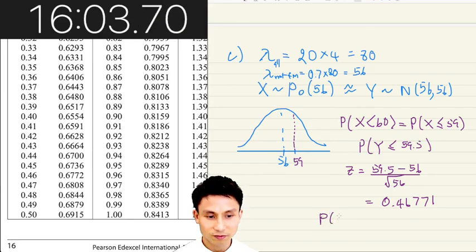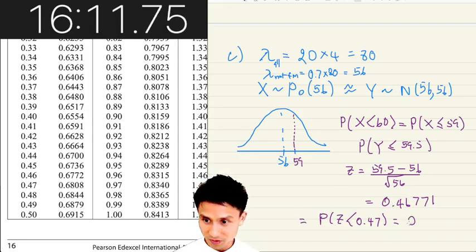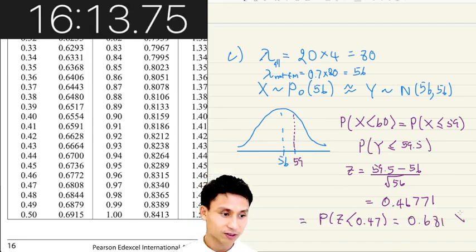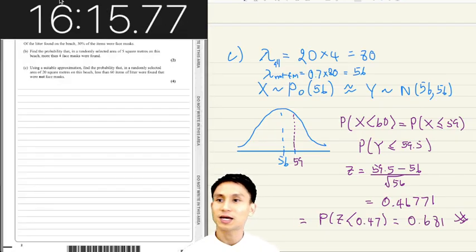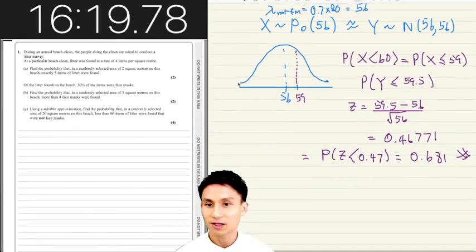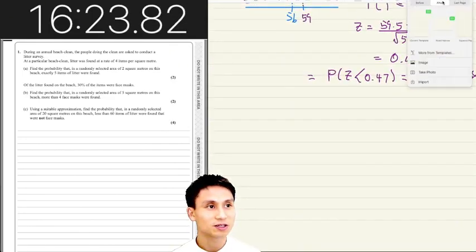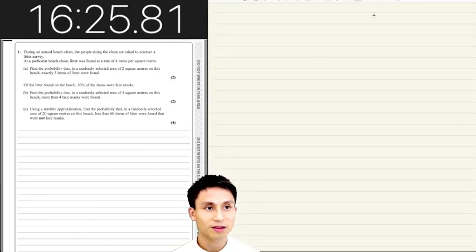So P of Z less than 0.47 would be equal to 0.681. Just 3 decimal places there, rounding a bit up because we used a rounded Z value there. Okay, that's done. Phew, that was the first question. That was already something, right?